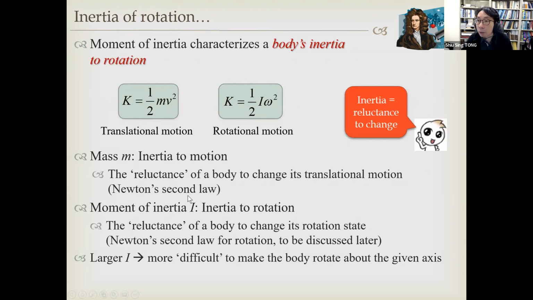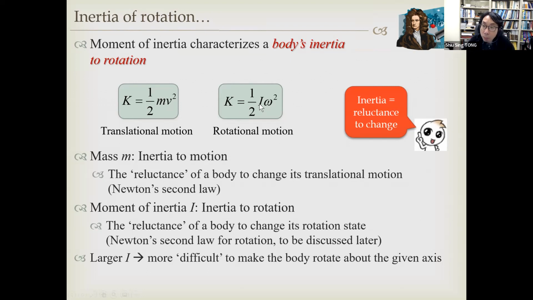And that is Newton's second law. Newton's second law says the mass m of an object is its reluctance to change the state of its motion, right? So the larger the mass m, the more difficult it is to change its motion. You need a larger force to change its motion, okay? So that means the mass is the inertia.